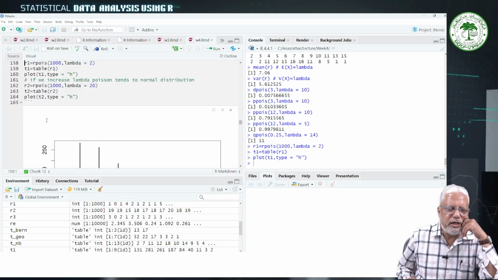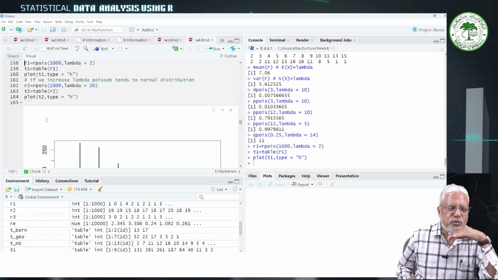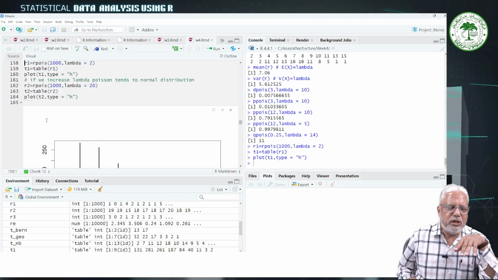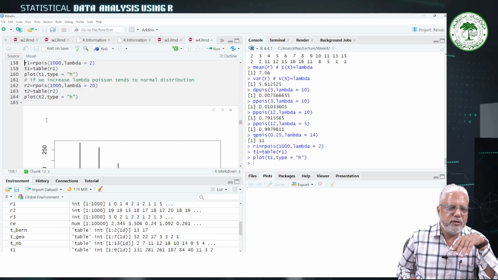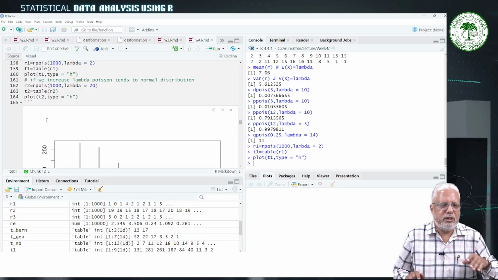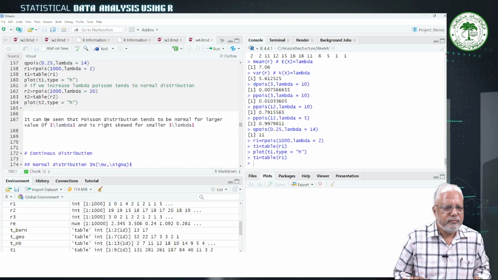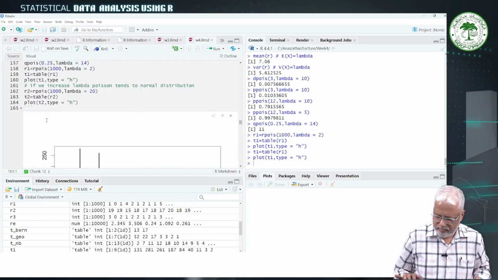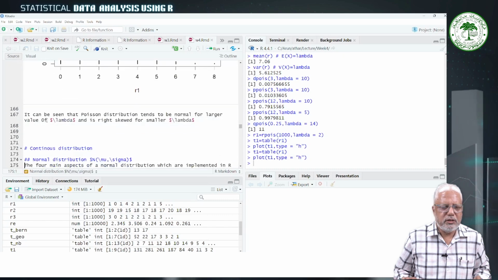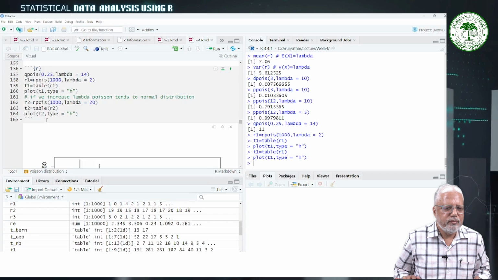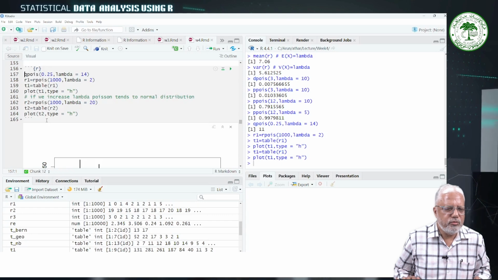If lambda is greater than 6, 7, 8, then as lambda increases, the distribution approaches the normal distribution. So here I am going to plot this. Here it is right skewed.